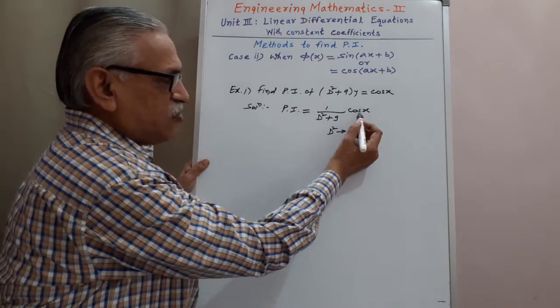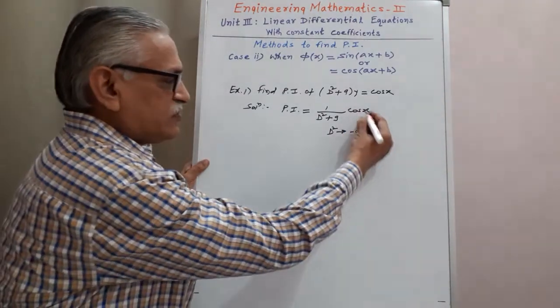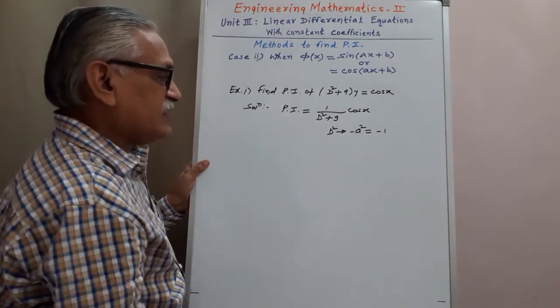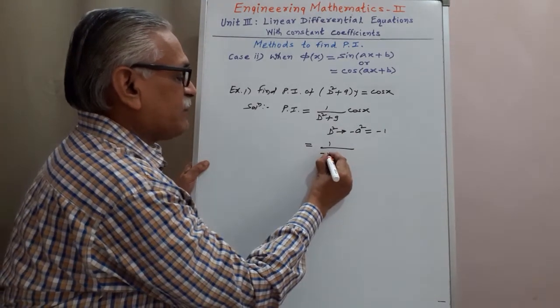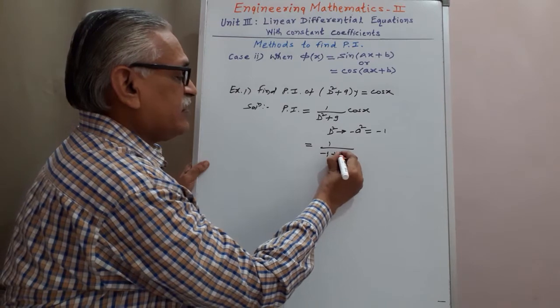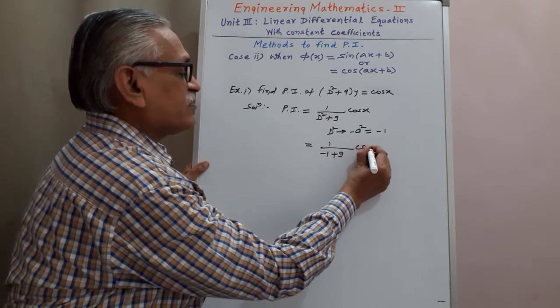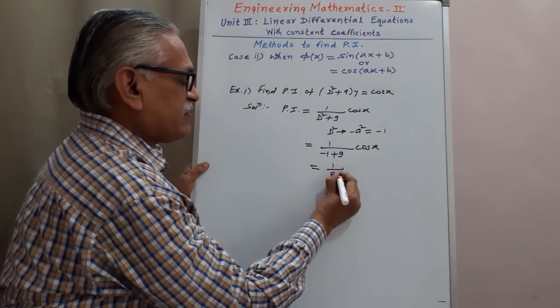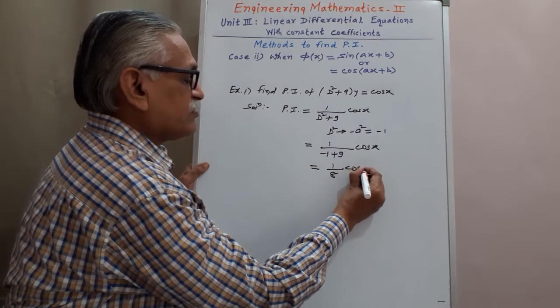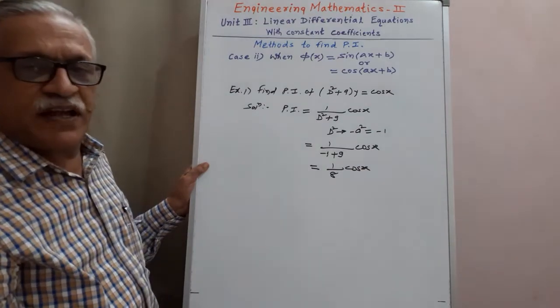Here the coefficient of x is 1, and 1 square is 1, and therefore we get 1 upon minus 1 plus 9 into cos x, and therefore it is 1 by 8 into cos x, which is the required PI.